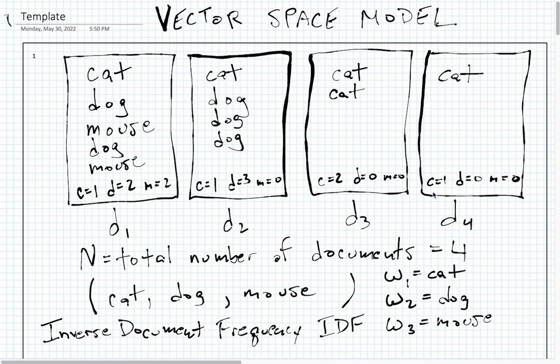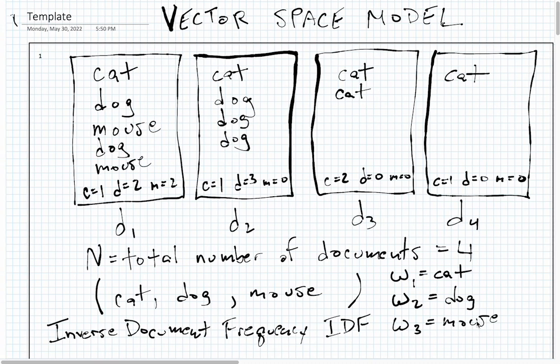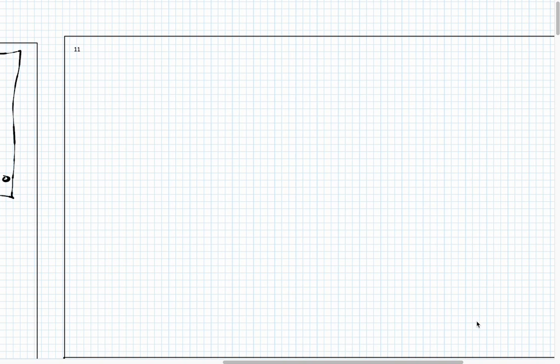Everybody got that? I'm just doing a count here. And again, notice that I calculated this in the same order that I specified my words: cat, dog, and mouse. So what I can do is talk about the term frequency.